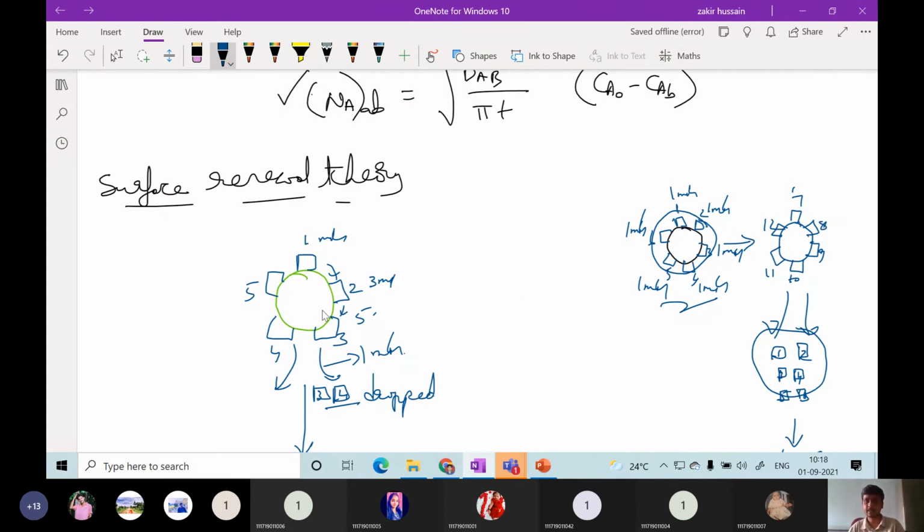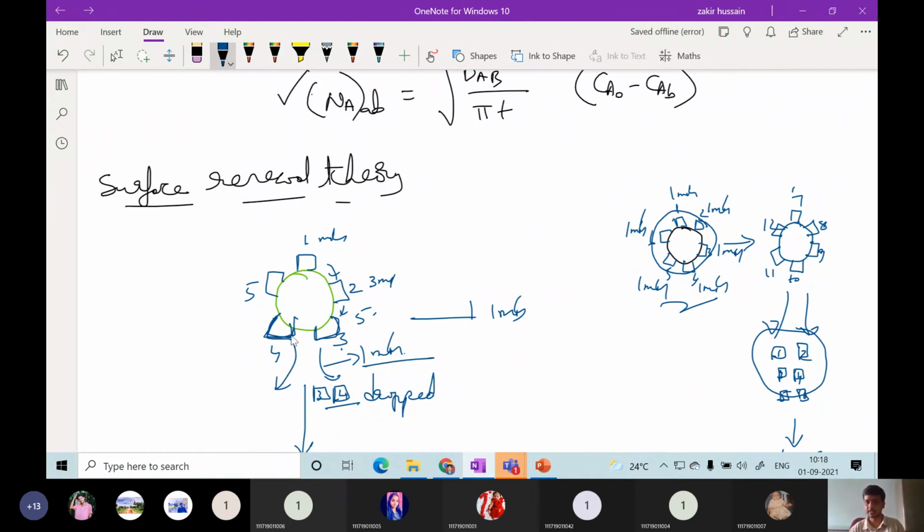Here what happens in the surface renewal theory, only 2 packets have been dropped, but 2 freshly occupied packets will come. But in the penetration theory, all the 6 packets will be dropped at the same period of time, and all remaining packets will be occupying the droplet. But here every packet will have a different period of time. That's why we have to check at each moment. For example, we fix the time at 1 minute, and see how many packets of the previous case have been dropped. 3 and 4 have been dropped at 1 minute.